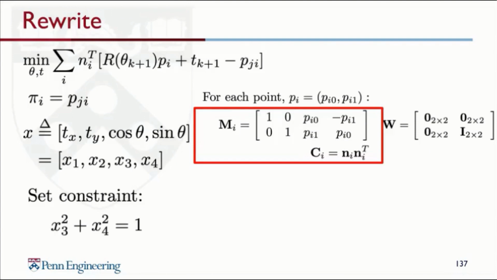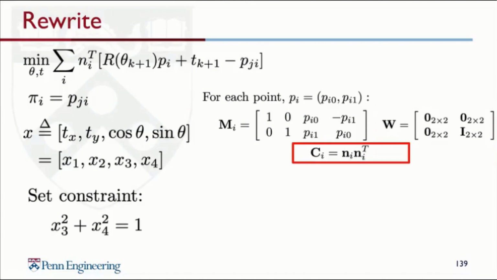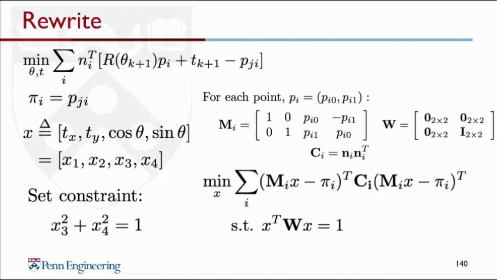In addition, for each point p_i, we define the matrix M_i as such, and also the matrix W, and similarly the matrix C_i. With some algebraic manipulation and using these definitions of the variables, we can rewrite the objective function as follows. I'll leave this derivation to the listener or student as an exercise.